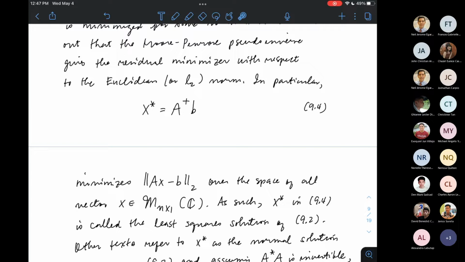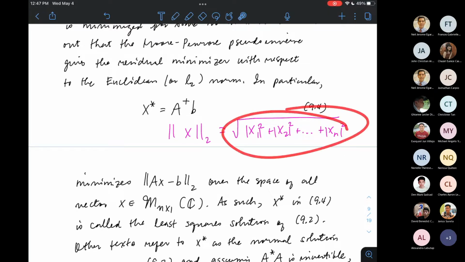Okay? And remember, the L2 norm of a vector is just, kapag meron kang vector x, ang L2 norm niya lamang ay square root ng x1 squared plus x2 squared plus xn squared. Lagyan mo ng absolute value para kung complex number yung mga entries ni x. Pero this basically is the sum of the squares, all right?